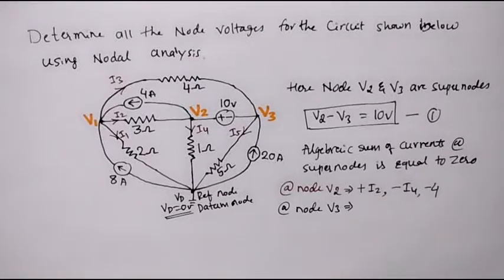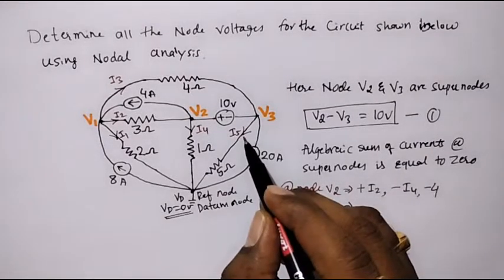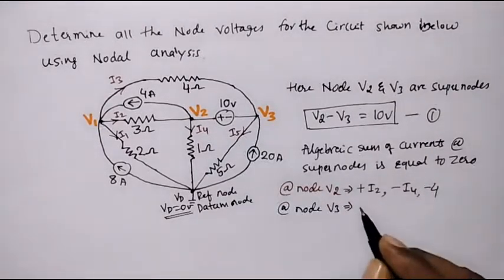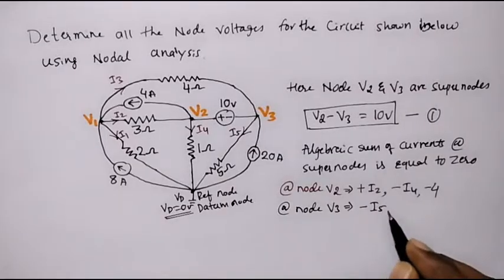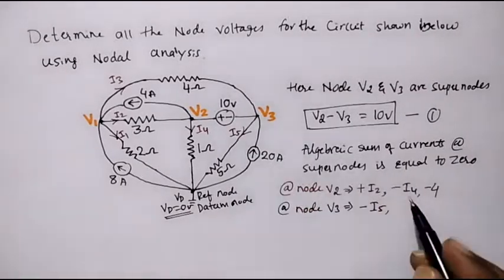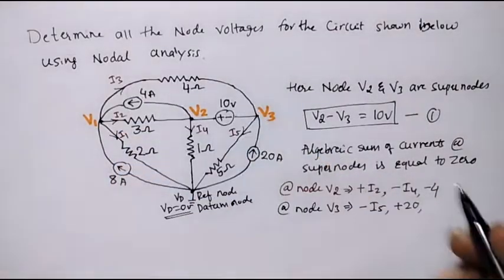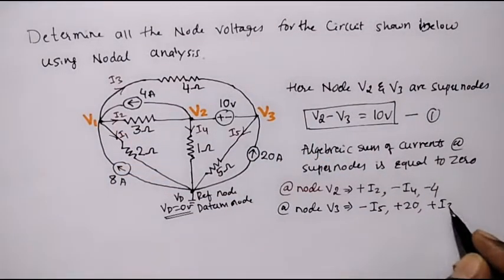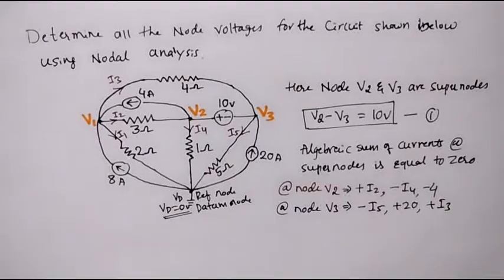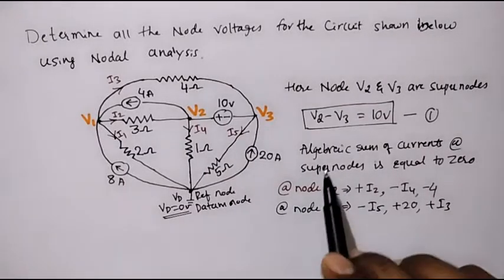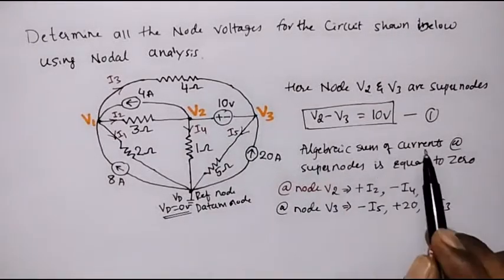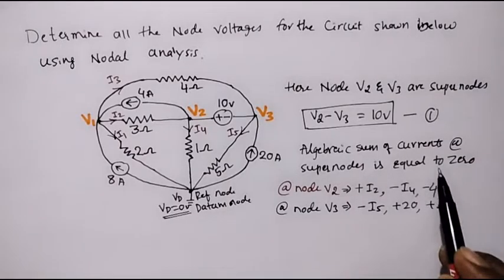At node V3 we have one current I5 leaving the node, I will call it minus I5. 20 amp is entering, and there is one more current I3 entering, that is plus I3.